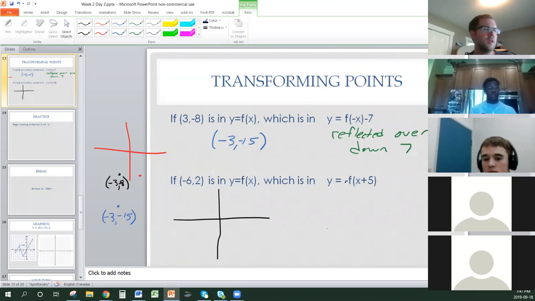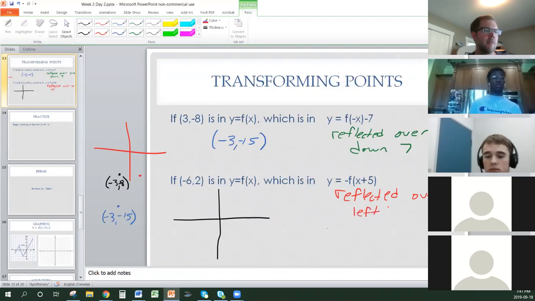So again, the very first thing you want to do in these questions is write down the transformations that are happening. So the first thing is that it's being reflected over the x-axis, and then it's also being moved to the left 5.